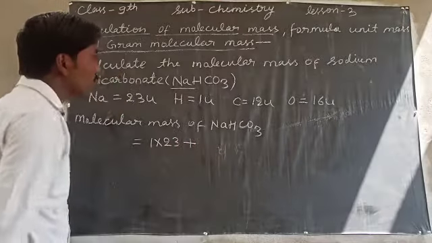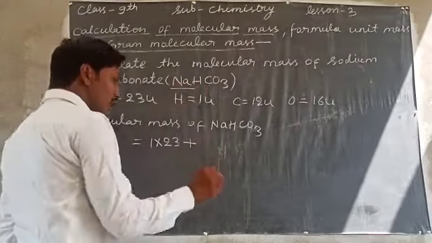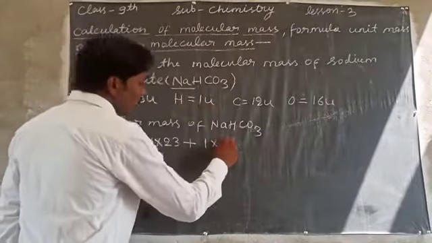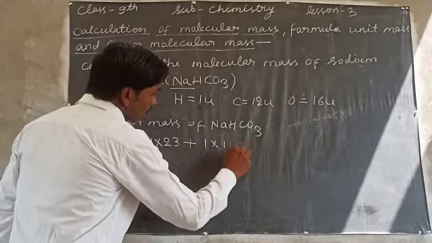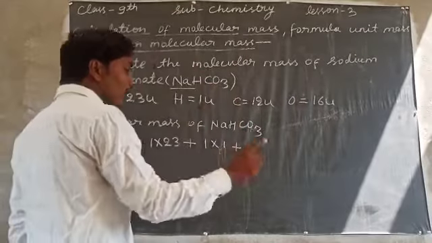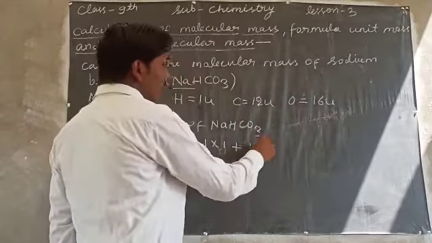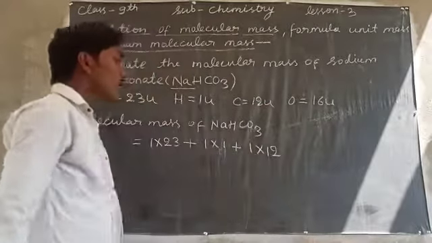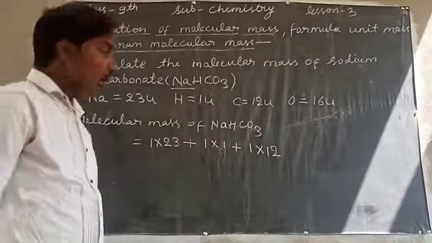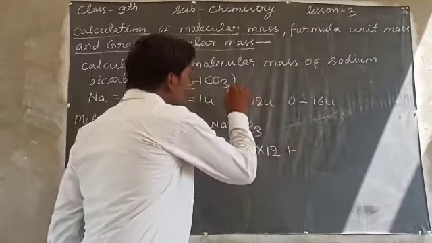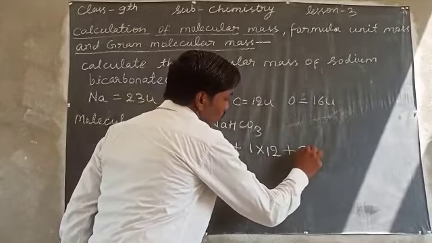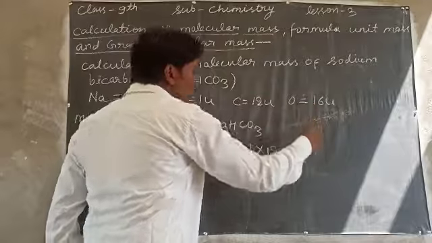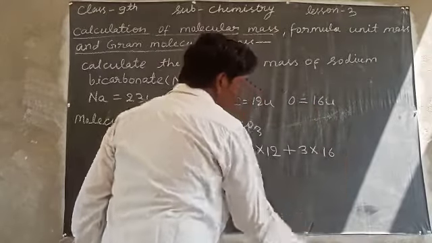Now plus hydrogen, it is also 1, so 1 into atomic mass of hydrogen, 1 unit, plus carbon is also 1, so 1 into atomic mass of carbon, which is 12. And after that, here there are 3 oxygen, so you put the number 3 into atomic mass of oxygen, 16.